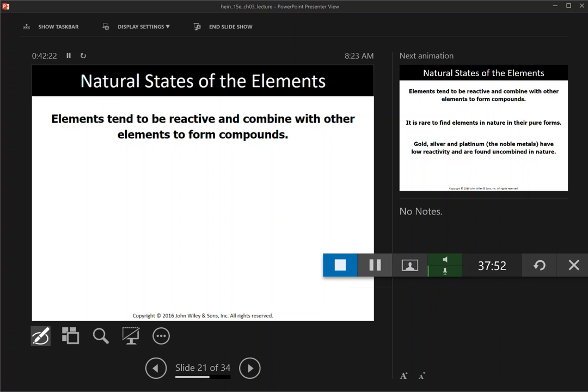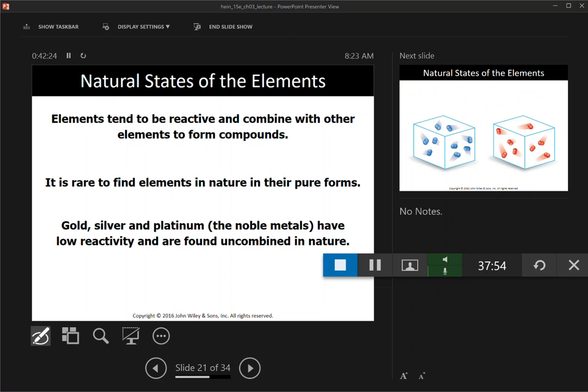Now, the compounds they form can consist of two or more elements. And usually when they combine with each other to form compounds, they achieve more stability through that combination and formation of a bond. Energetically, they become more favorable. That's why elements have the tendency to react with each other.